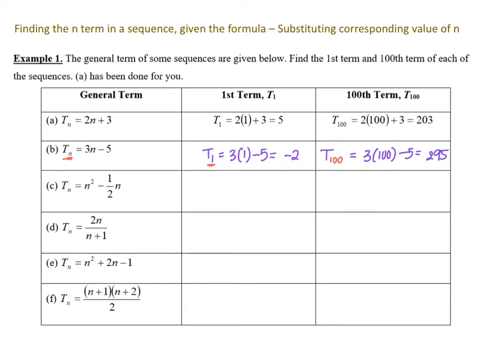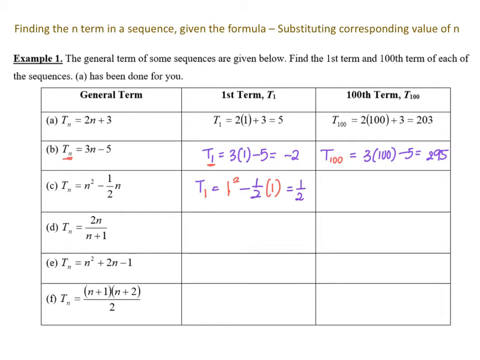Let's try a little bit more. Part C, Tn equals n squared minus half of n. When it's term 1, n will be equal to 1. So I'll get 1 squared minus half times 1. 1 squared is 1, minus half, and the answer will be half.